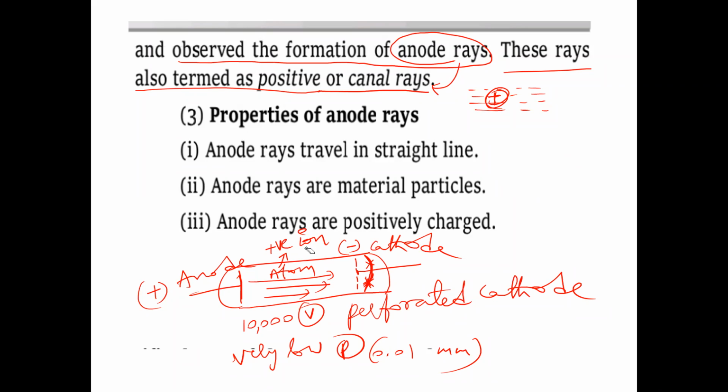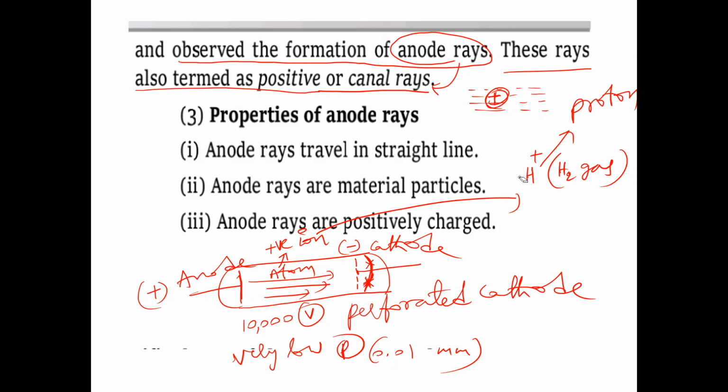Is that clear? So what will this positive ion be? If you take hydrogen gas, the positive ions will be H plus ions. This H plus ion is nothing but a proton.